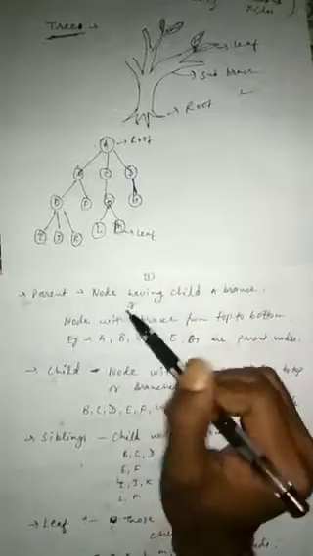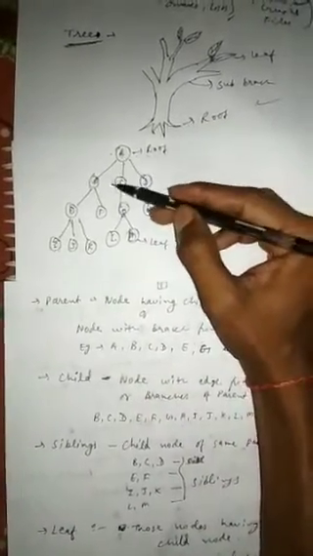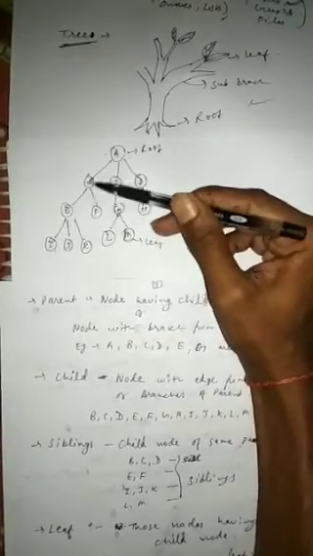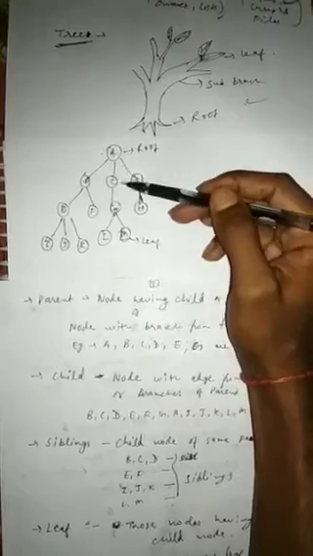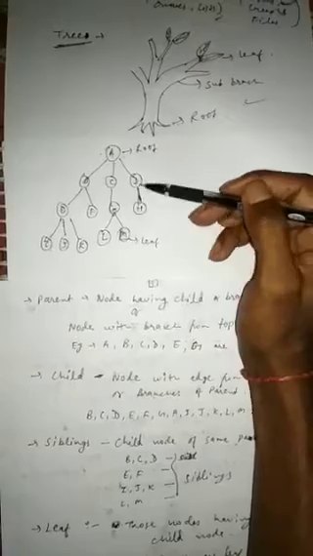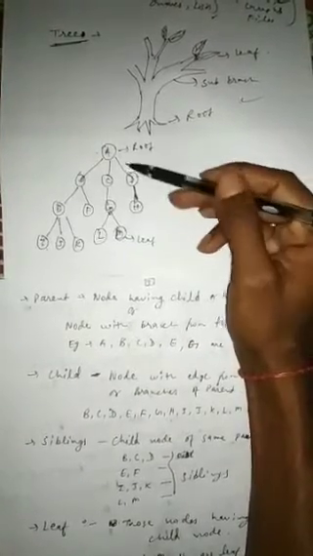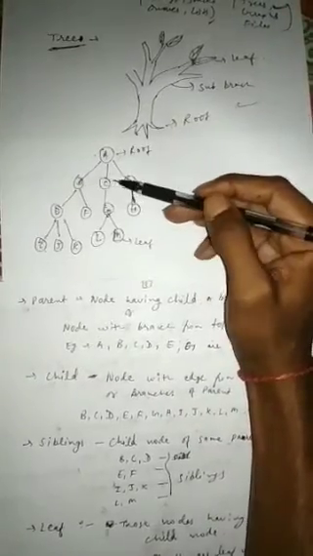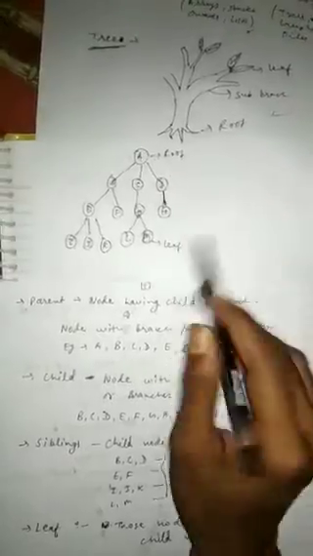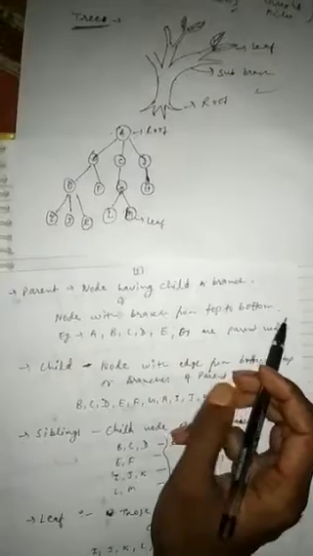A has B, C, D as children, B has E and F, C has G, and D has H. H is a child of D, so D is the parent of H. B, C, D are children of A, so A is the parent of B, C, D. So A, B, C, D, E, G are the parent nodes.